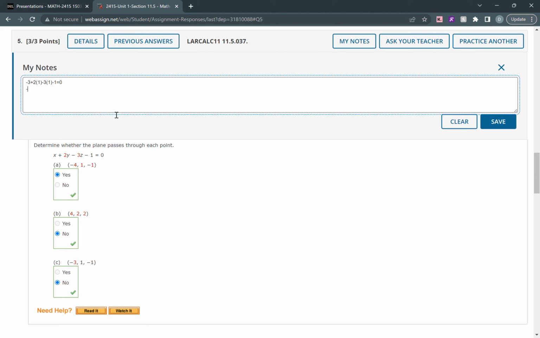So it'd be -3 plus 2. And then -3. Oh, I messed up. It should be negative. Sorry. -3 times -3 would be +3, of course. So it'd be +3. And then -1 at the end. And it should equal 0.